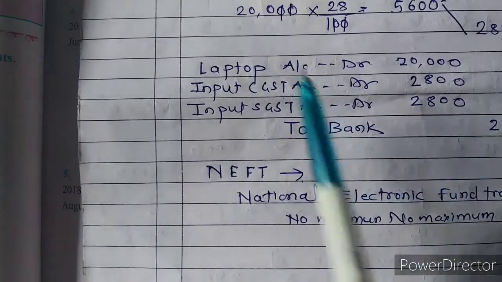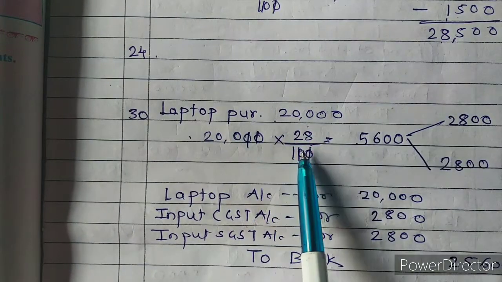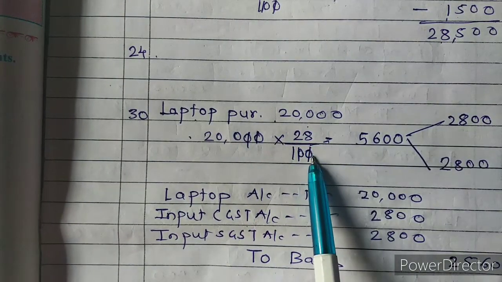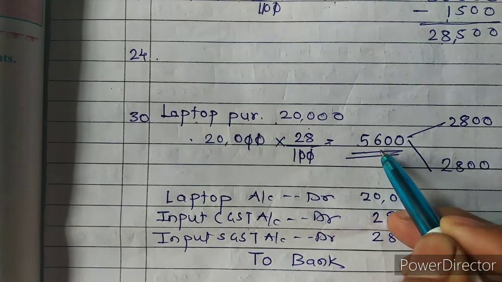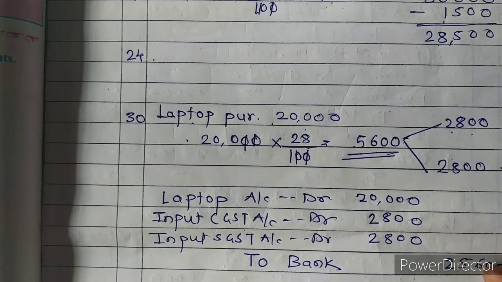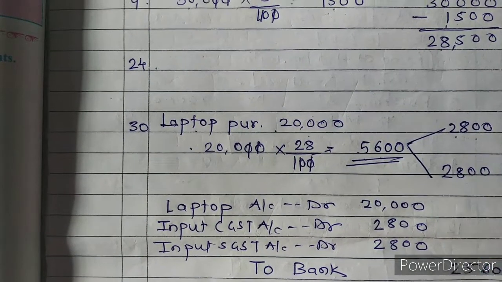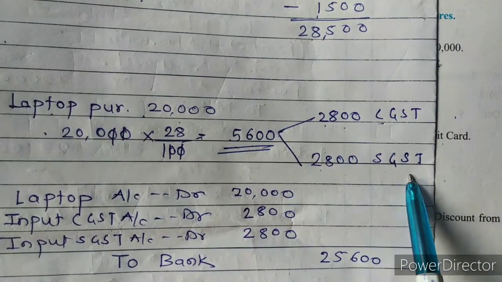Now see, laptop purchased 20,000 at 28% GST. We have found out GST rupees 5,600. Now 2,800 CGST and 2,800 SGST.